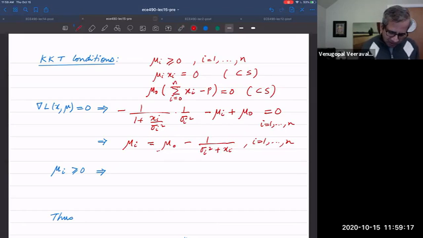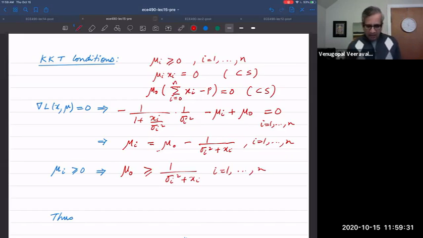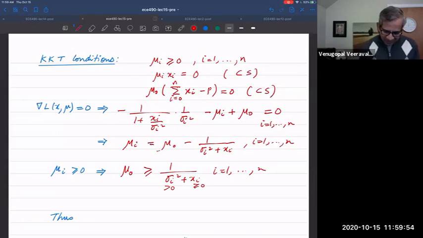So I'll rewrite that as mu 0 is bigger than or equal to this. But these are strictly positive and the xi's are non-negative, and sigma i's are also assumed to be finite. So this whole quantity is going to be bigger than 0.